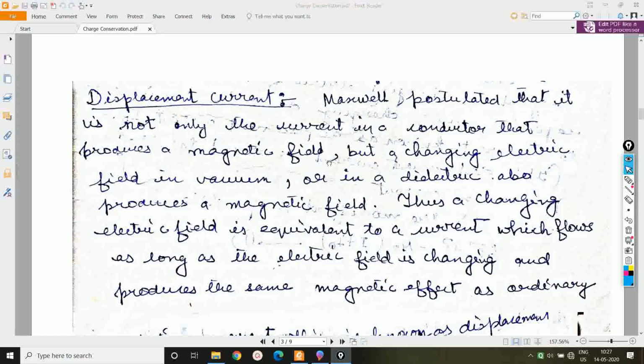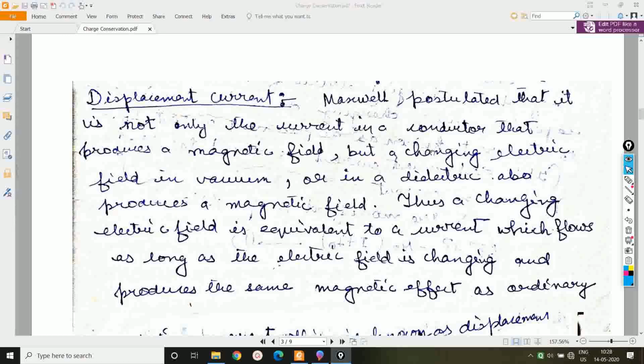You learned the expression for magnetic field due to a straight current carrying conductor, magnetic field due to a solenoid, and magnetic field due to a toroid. In all those conditions, you put a current in a coil or a conductor, and there was production of magnetic field.